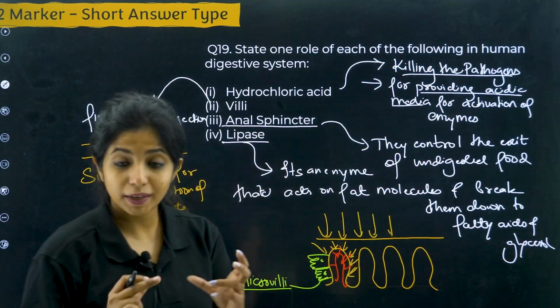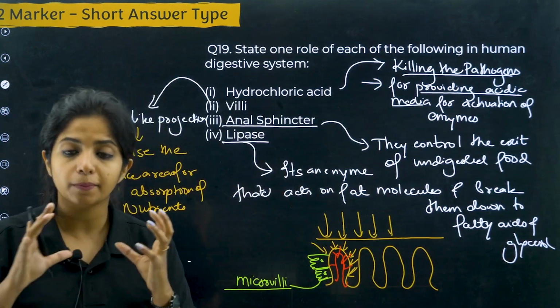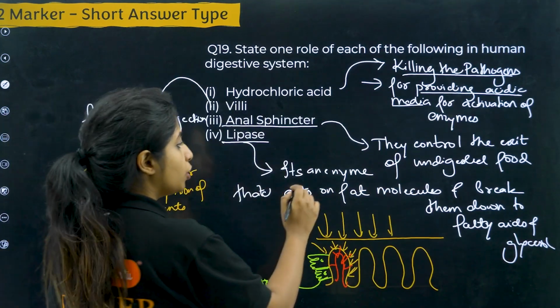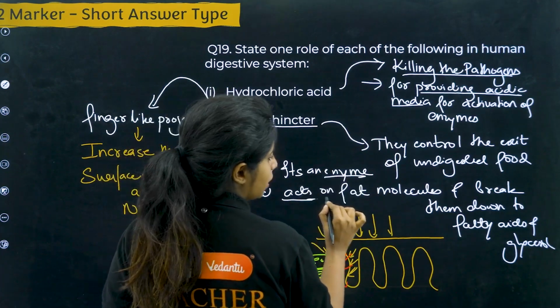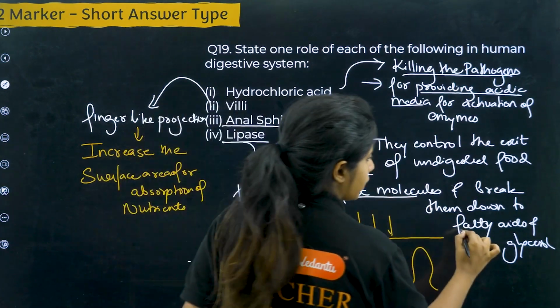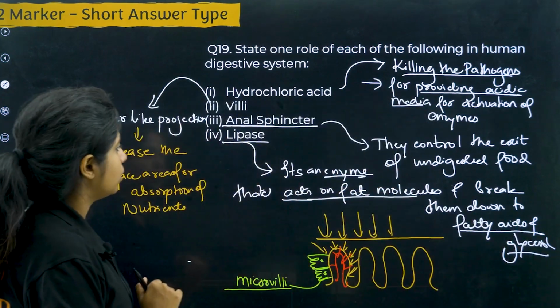So fat is made up of fatty acids and glycerol, so you want to break them down. For that you need lipase. So what you will write, children? It's an enzyme, you underline enzyme, then you underline acts on fat molecules, you underline fatty acids and glycerol.